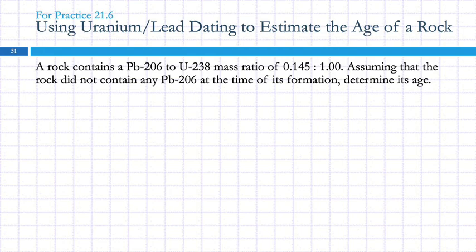Okay, a rock contains a lead-206 to uranium-238 mass ratio of 0.145 to 1, assuming that the rock did not contain any lead-206 at the time of its formation. Determine its age. So we are going to need something.